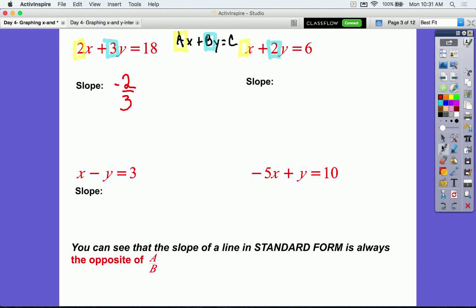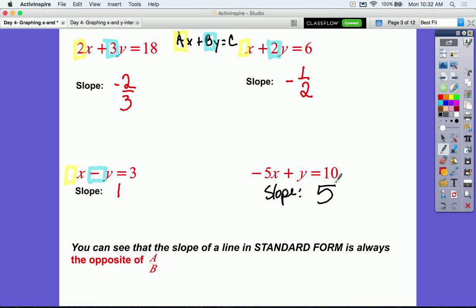The slope of this line is negative 1 over 2. The next one is also an interesting one. Look at the coefficient of x and the coefficient of y, our b value. The slope of this line is positive 1. And finally, the slope of this line is positive 5.